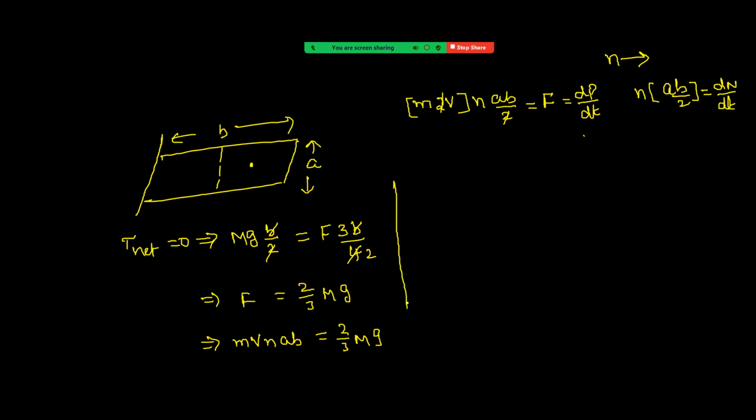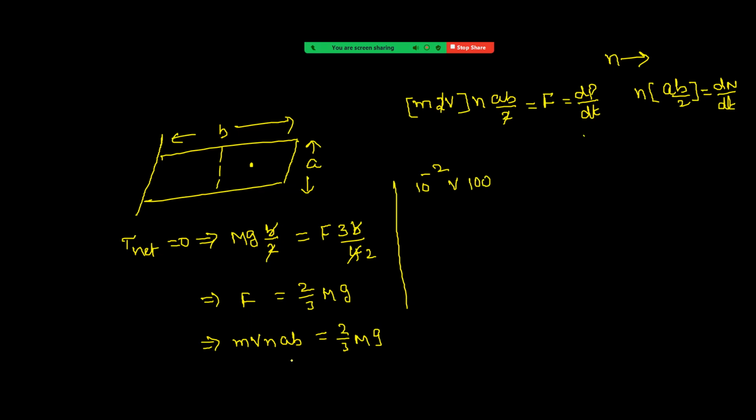Now substitute values in this. See what we get. Coming to values, capital M. In the place of small m, it is given 0.01 kg, small m. So I'm writing here 10 power minus 2, small m. We have to calculate V. Number of collisions per second per unit area, N is given 100.